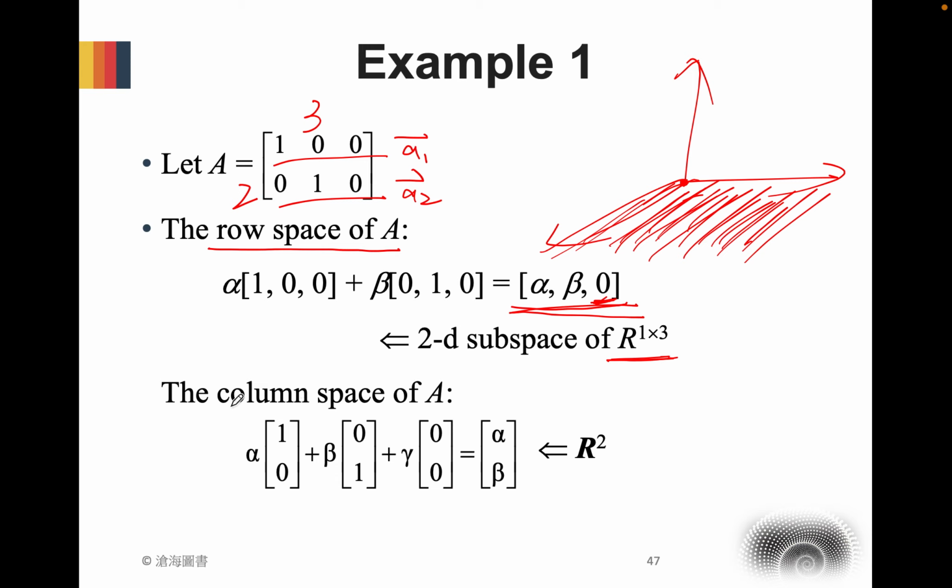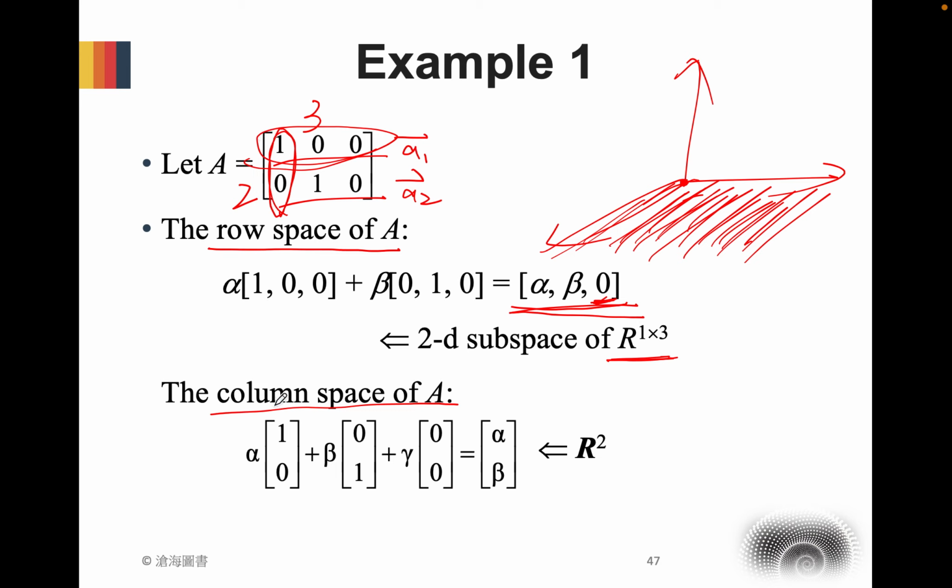And the column space of A would be linear combinations of (1, 0) and (0, 1). So remember that the dimension of the column vectors of A is 2, and the dimension of the row vectors of A is 3, right? So there are 2 entries here, 3 entries here.